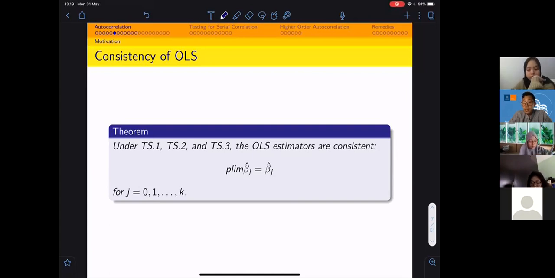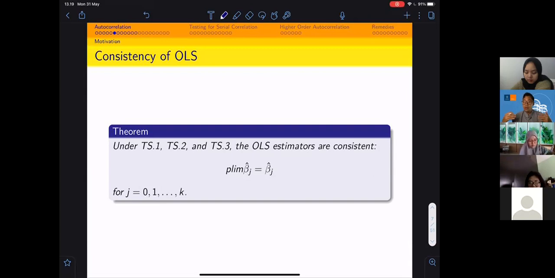Okay. Now, just a very brief note. In the earlier stage of this course, we learned about cross-section data, we learned about pooled cross-section data, and then we always mention that if we fulfill OLS assumption 1, 2, 3, and 4, we're going to get an unbiased estimate. Okay, so basically consistent estimate and unbiased estimate are not the same concept, but it's a similar concept.